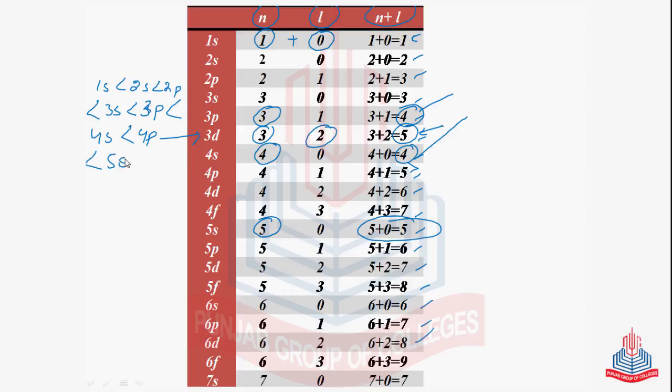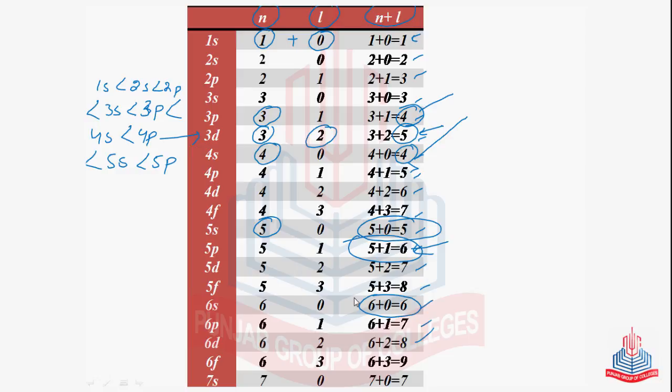After 5s, then we have the energy for 5p. So then it's 5p. 5p के लिए भी आंसर 6 है और 6s के लिए भी आंसर 6 है. फिर वही सवाल, they have the same answer for n plus L value.